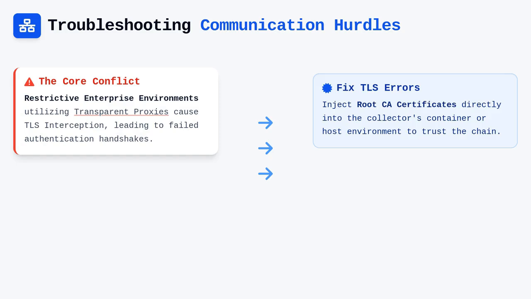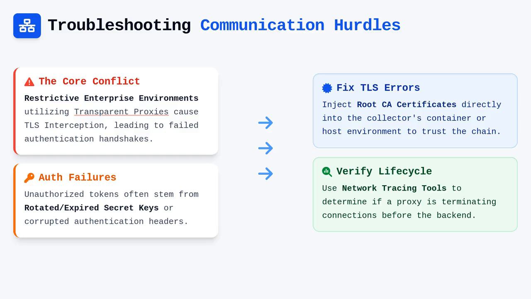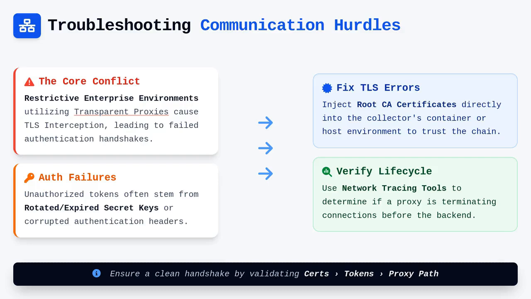Ensure that your environment's root CA certificates are properly injected into the collector's container or host environment. When you see unauthorized access tokens, verify the integrity of your authentication headers and ensure the secret key has not been rotated or expired. Dissecting the connection lifecycle through network tracing tools can confirm if a proxy is actively terminating the connection before it reaches the backend.